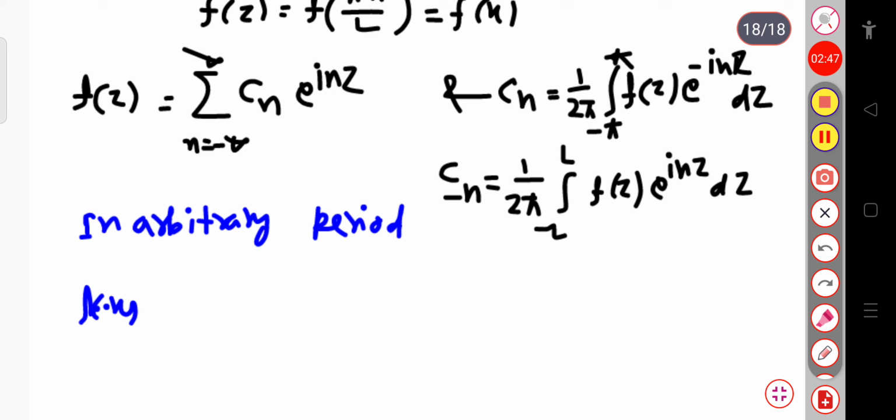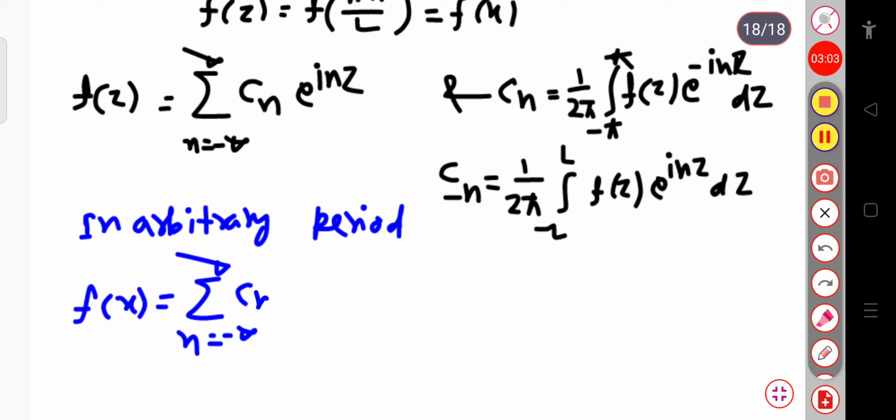So f of x equals the summation over n from minus infinity to plus infinity of Cn exponential i n, and in place of z I will write pi x divided by L. So this is the series expansion of the Fourier series in complex form.